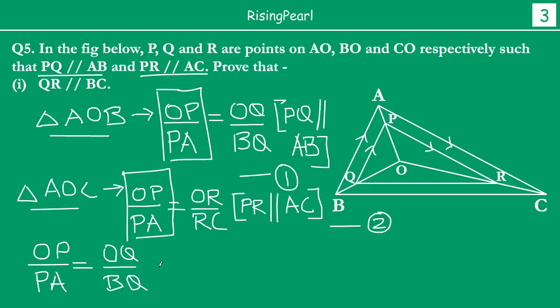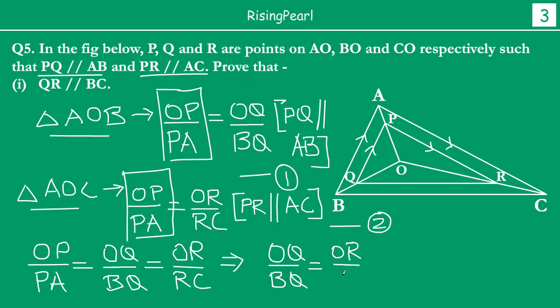This is condition 1, and this ratio is the same as OR by RC. So from here we can say that these two ratios are equal, that is OQ by BQ is equal to OR by RC. So what we have, friends, is OQ by BQ is equal to OR by RC.